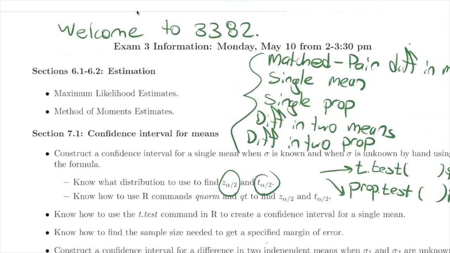So what might be helpful for you, what you really need to do each of these confidence intervals, is to figure out what the standard error is. And the standard error is calculated differently depending on which of those situations we're in.